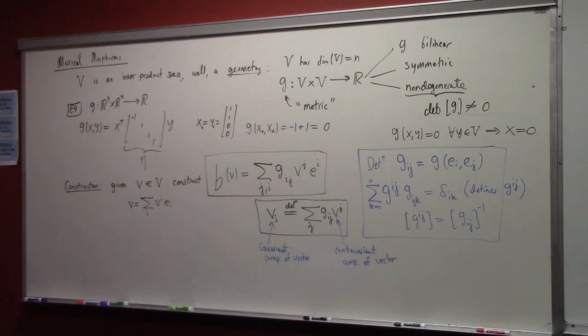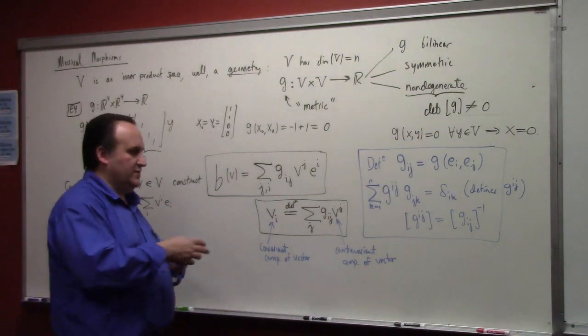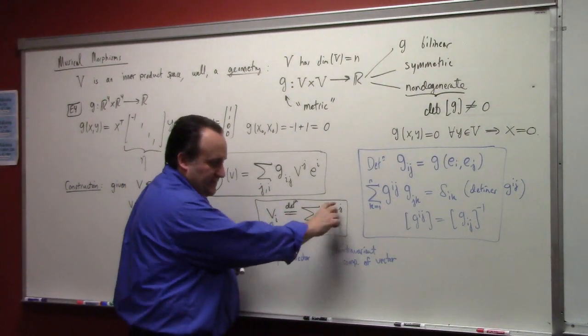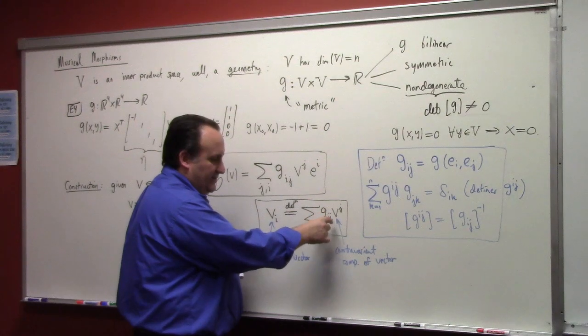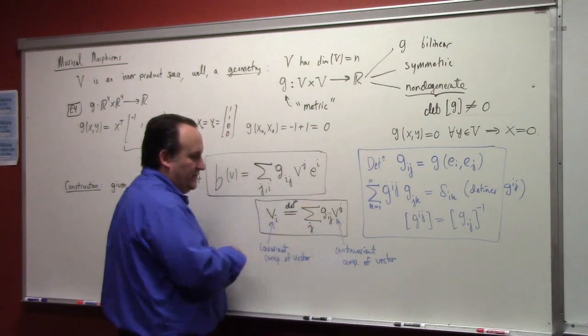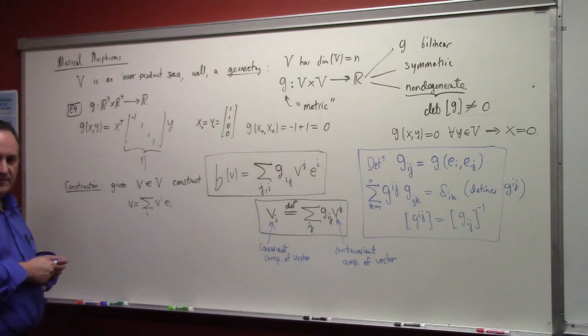I asked my special relativity instructor what raising and lowering indices was. I was like, how do you lower the index? And he's like, you just contract, which is what this is. This is a contraction. You just multiply by the metric, and you sum over the contravariant components, and that's the covariant components.